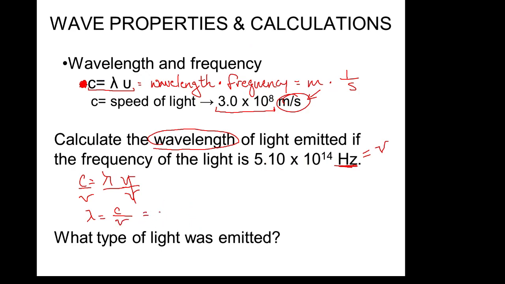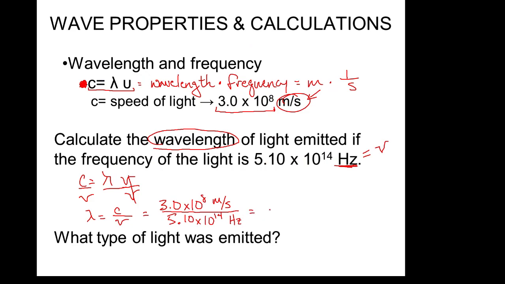Easy peasy, lemon squeezy. The speed of light is 3.0 times 10 to the 8th meters per second, and my frequency is 5.10 times 10 to the 14th hertz, which is inverse seconds, but that doesn't really matter.